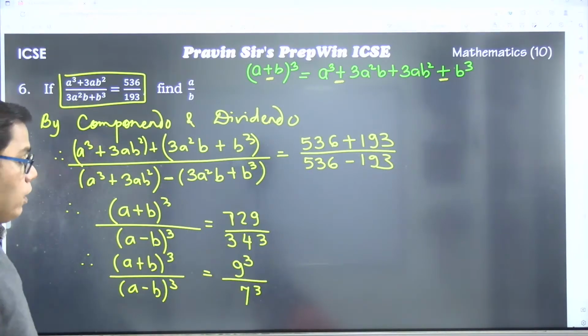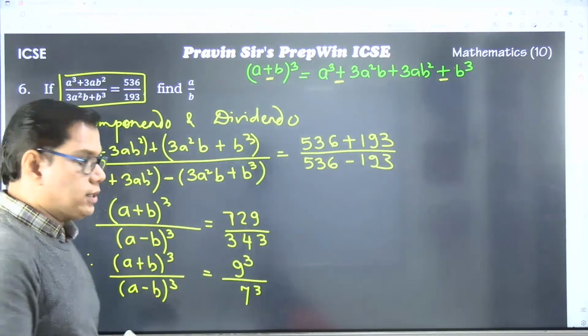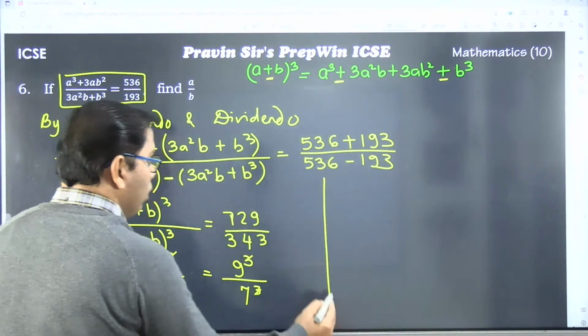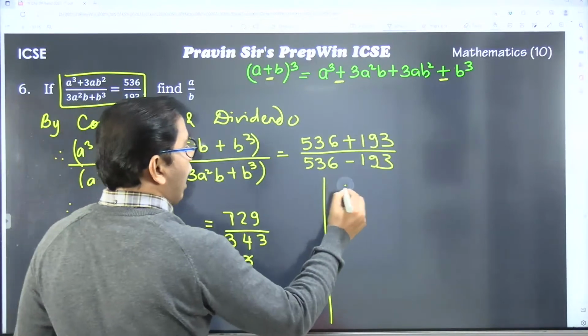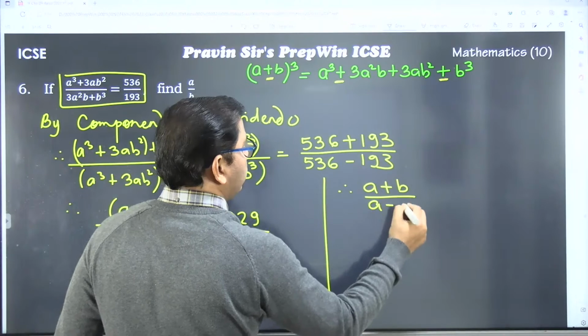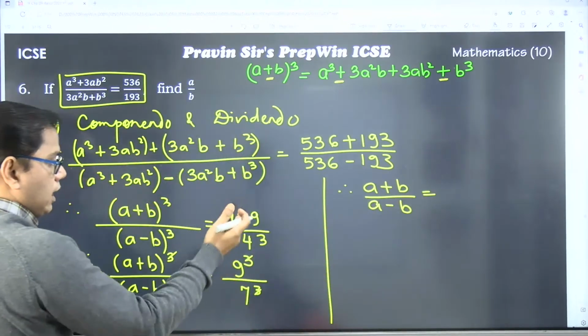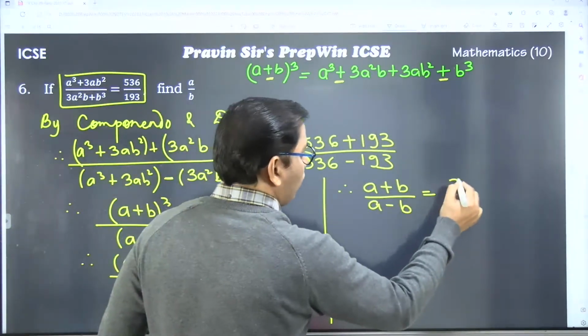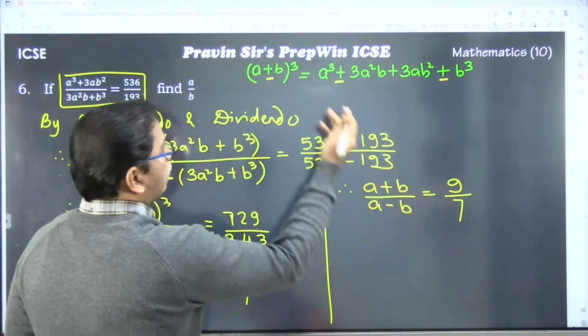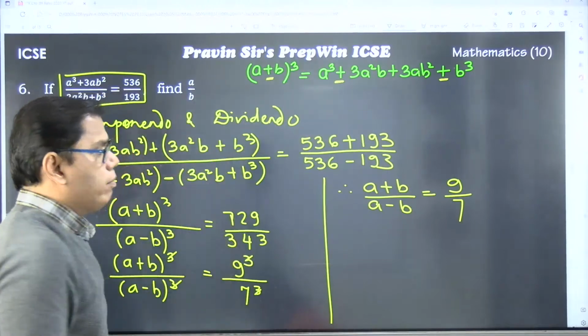So we got this. If you take cube root on both sides, cube and cube will get cancelled, taking cube roots on both sides. So what do you have now? Now you have a plus b upon a minus b is equal to what? Such a bigger value has become a smaller value, 9 by 7. We have nothing else left. We want to find a by b.